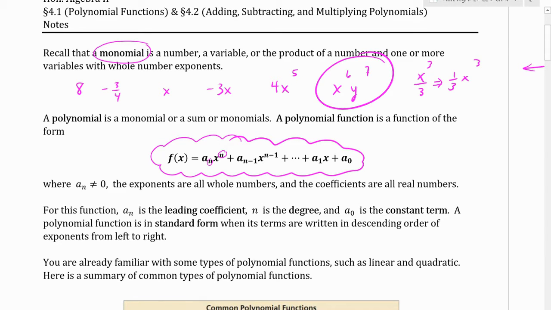And then the next term, a sub n minus 1, is x raised to the n minus 1. The coefficients can be zeros except for the lead one, because whatever's out front can't be a zero, or you wouldn't call it a polynomial of that degree.